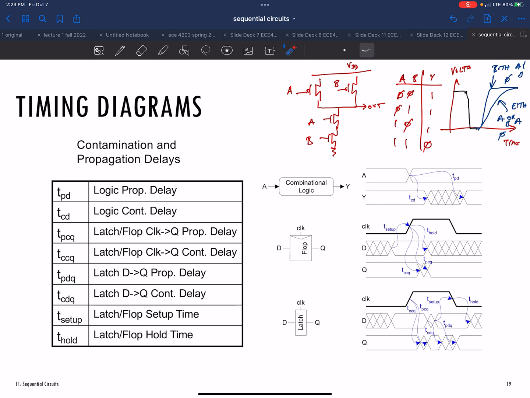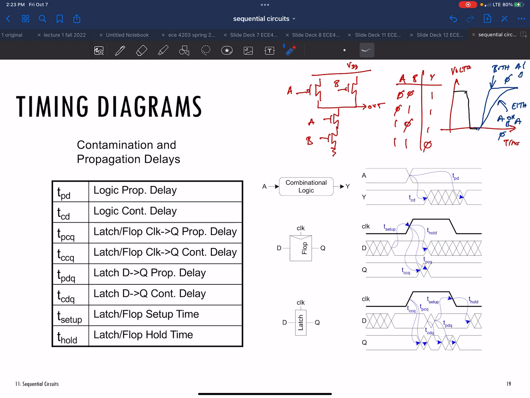So let's first look at the time from the clock going high to when that clock edge shows up at the output. Let's say the output is stable, nothing's changing on the input, it's just the amount of time for the clock to get to the output.